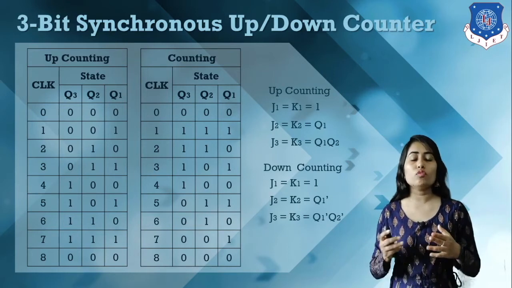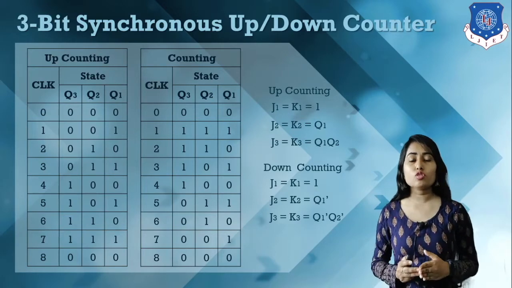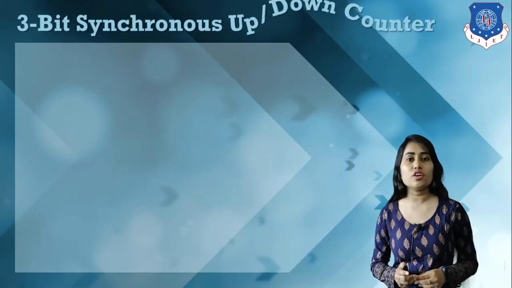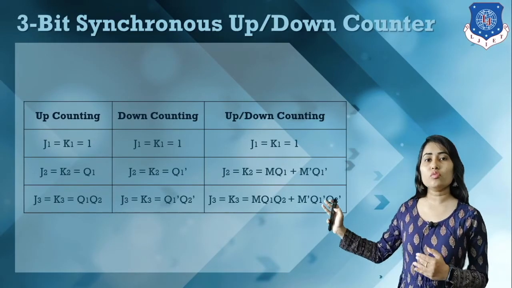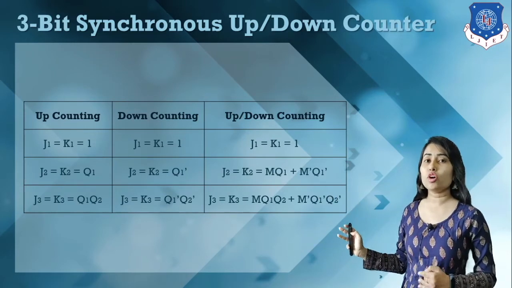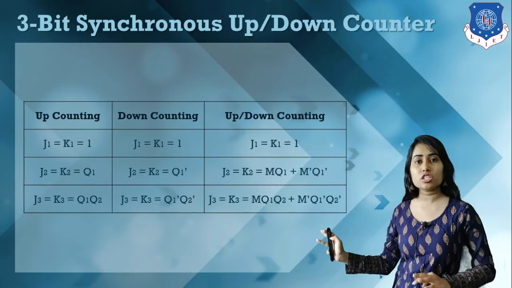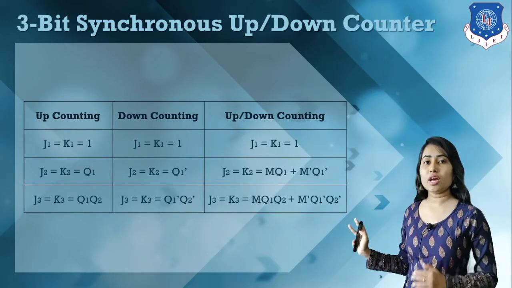Okay, so to find out the values for this up and down counting, we have to make this kind of table. Here we write down the values of input for up counting, and here we have the values of input for down counting, and combining these two logics we have the input values for up and down counting.